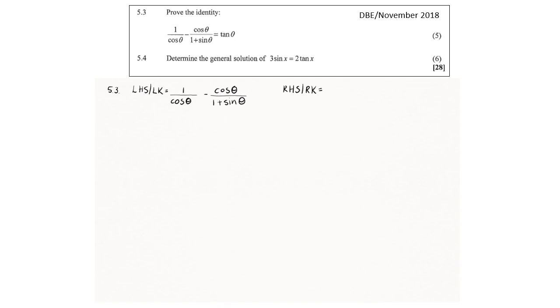Now there are 2 very important identities that we can use when solving this, and the first one is the quotient identity that states that tan of theta is equal to sine theta over cos theta. And then the square identity that says sine squared theta plus cos squared theta is equal to 1.